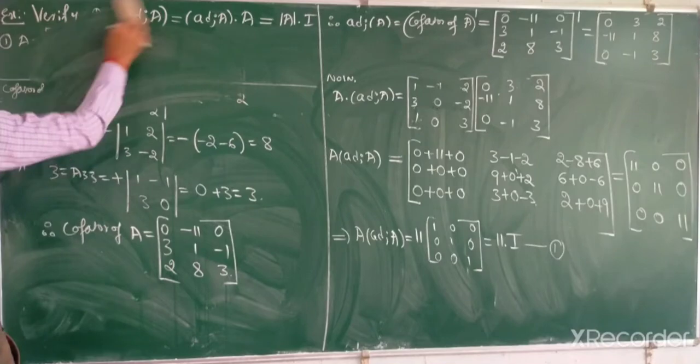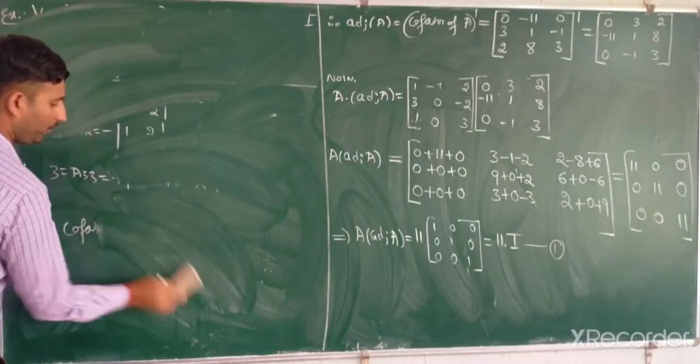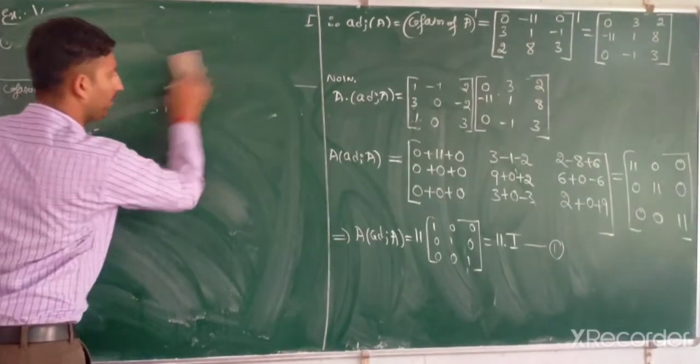Next, adjoint of A into A, then it reverses, correct?